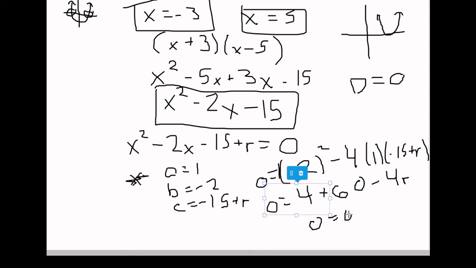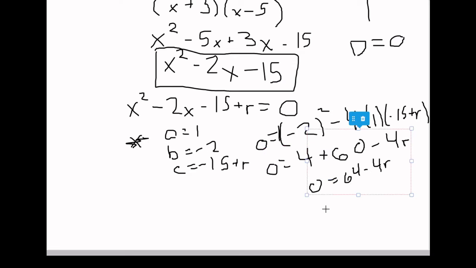We have 64 minus 4r equals 0. We're going to subtract 64 on both sides. Essentially, we're just trying to get r by itself at this point. We're going to divide by -4 on both sides. My math is progressively turning slanted, but we see r equals 16.